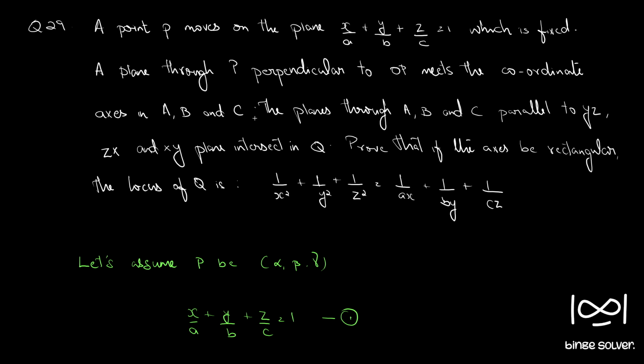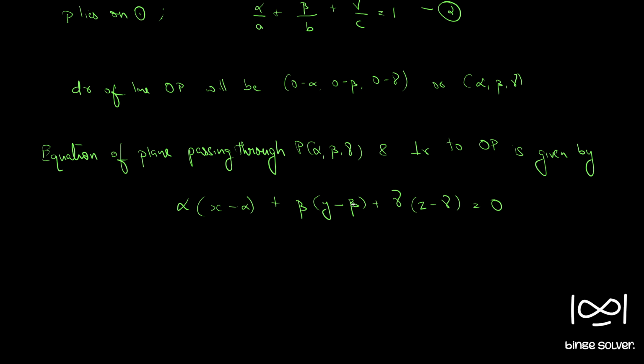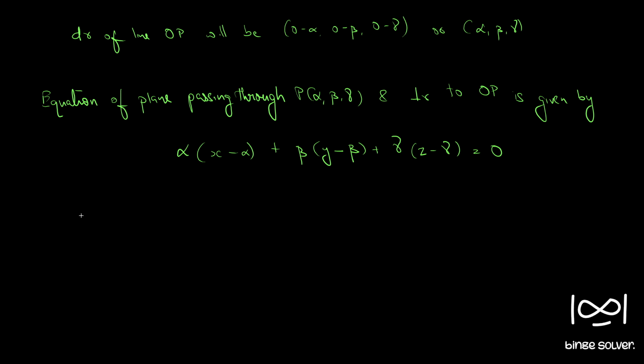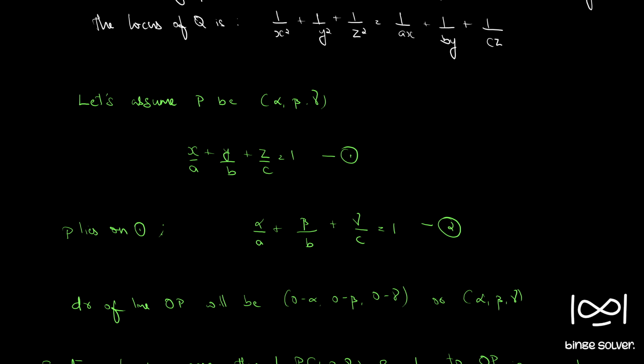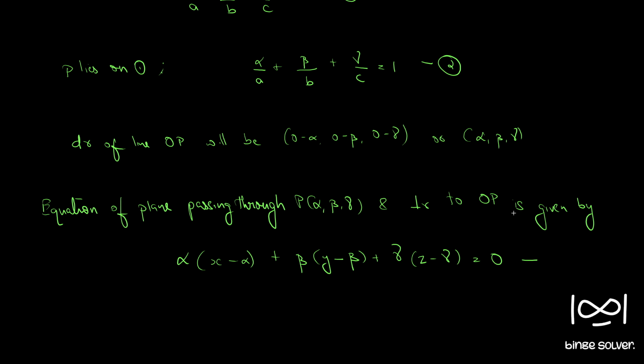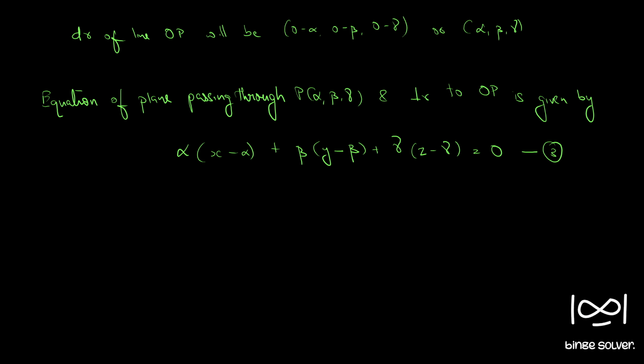Now it is said that the plane through P perpendicular to OP meets the coordinate axis in A, B, C. So if this plane meets the coordinate axis, we can find what A, B, C are. We'll call this equation 3.